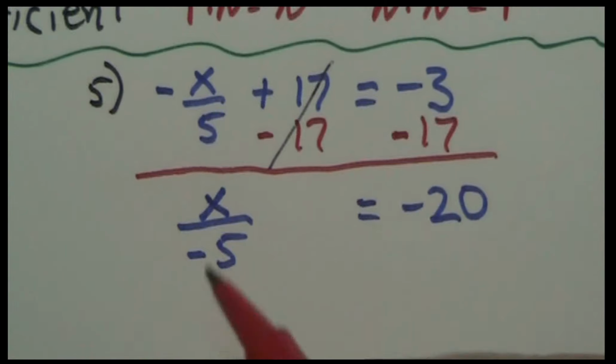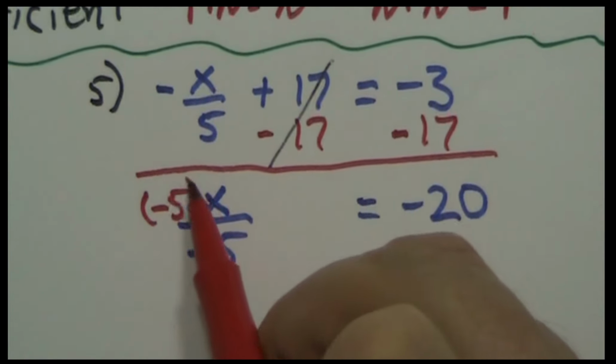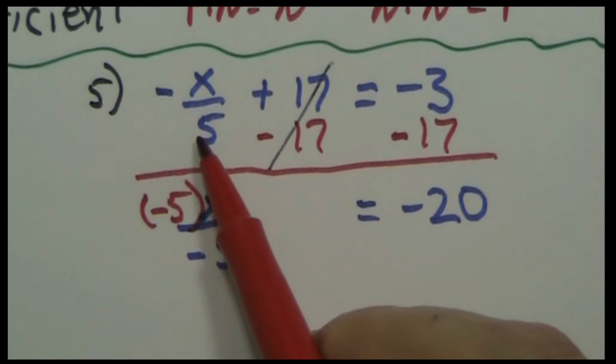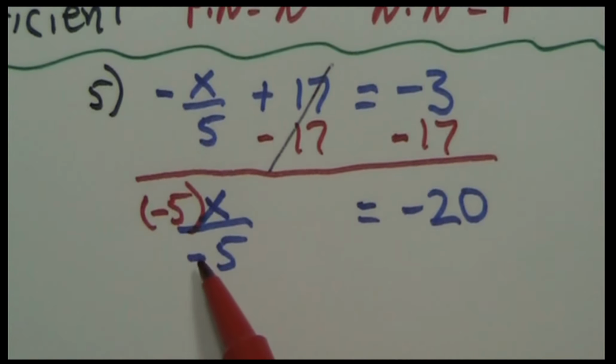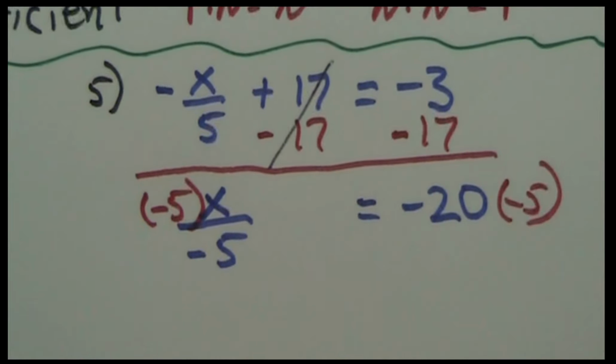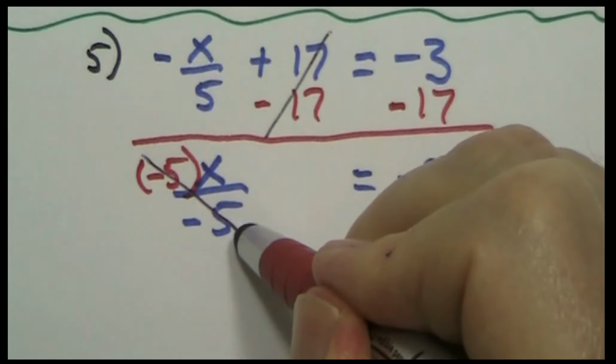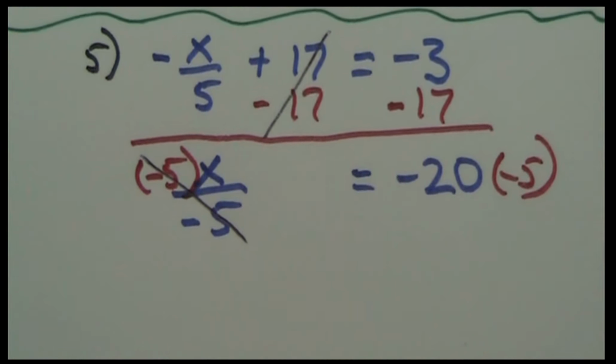Okay, now we want to get rid of the negative 5. It's divide by negative 5, so I'll multiply by negative 5. You see, that's why I put the negative down here instead, to make it easier for us. All right, and you can see that this will reduce to just 1x.